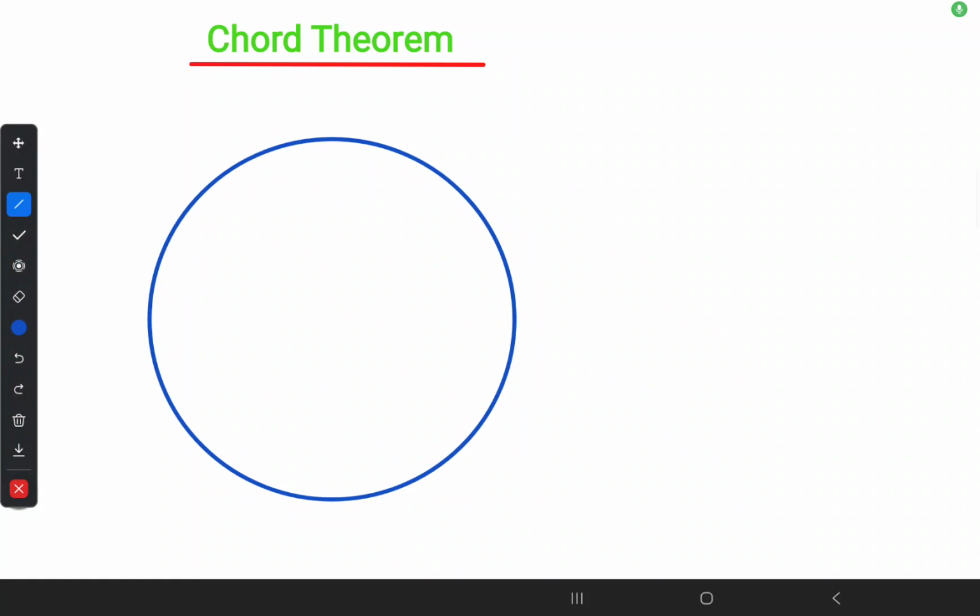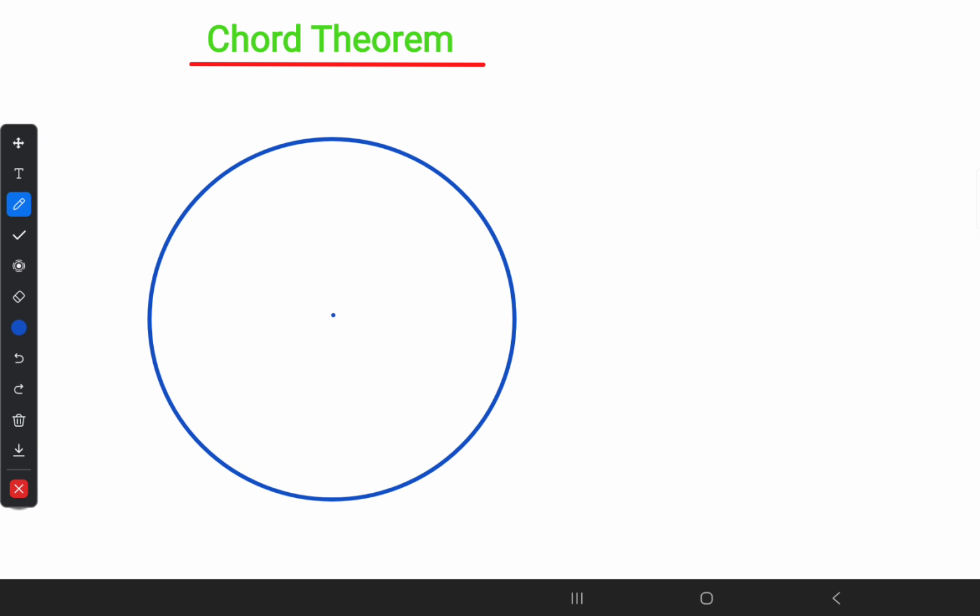The chord theorem says the straight line joining the center of a circle to the midpoint of a chord is perpendicular to the chord. I'll repeat once more. The straight line joining the center of a circle. So we should know where our center is. Okay, this is our center.